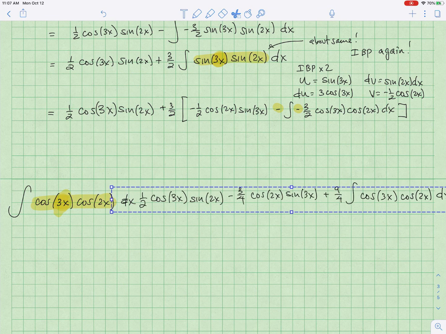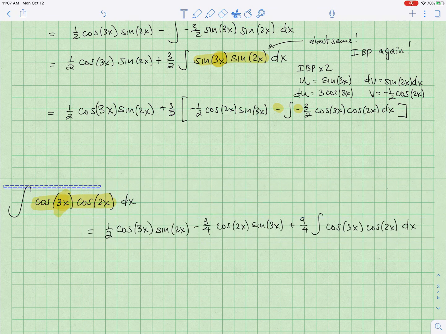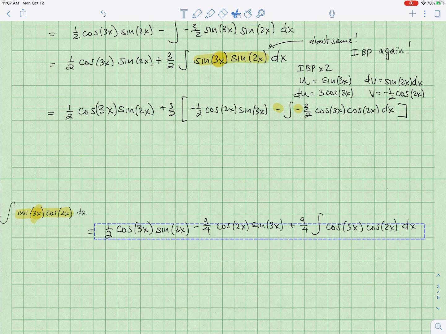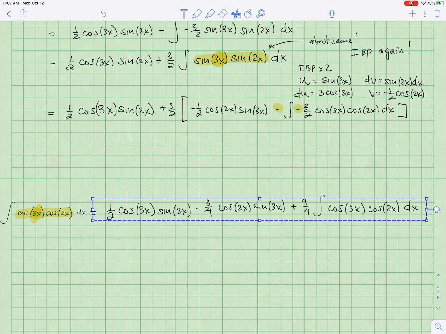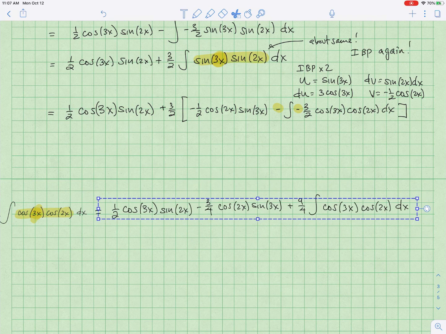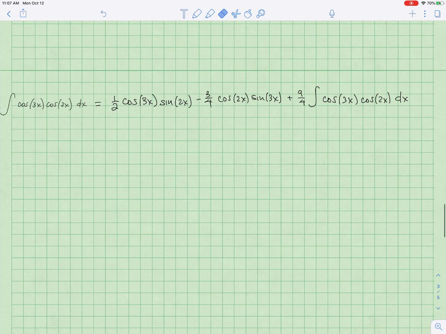is this result. I don't know if I have enough room to do that. I guess I'll have to shrink this down a little bit. Scale it down. Bring it over. Scale it down a little bit. So there's our result.